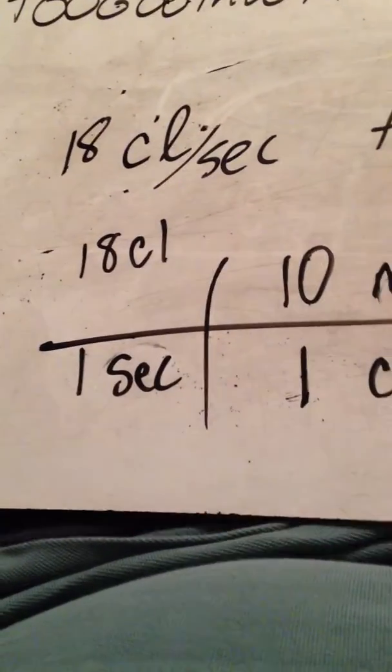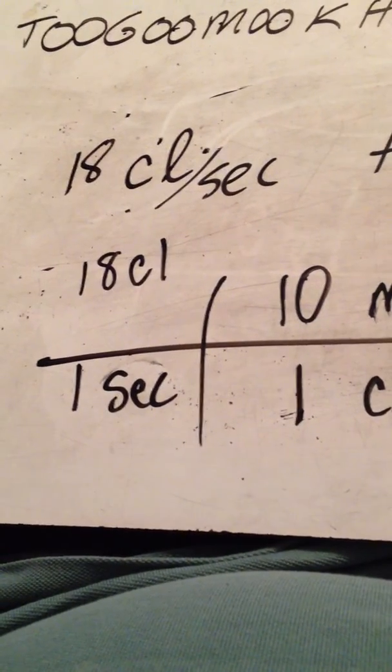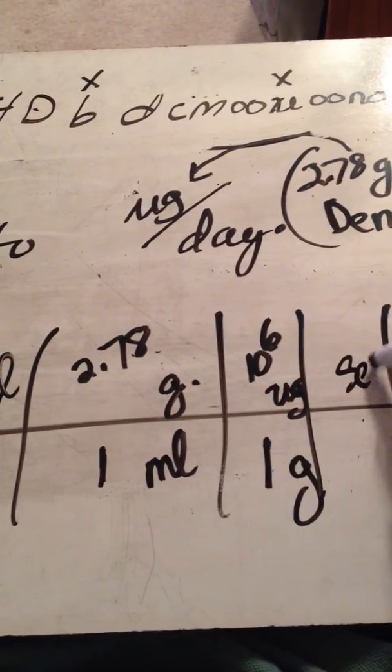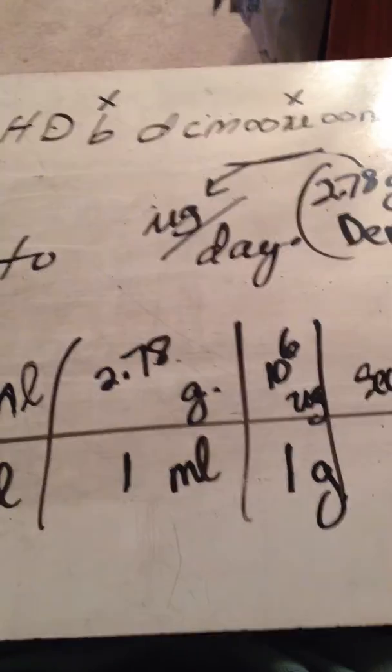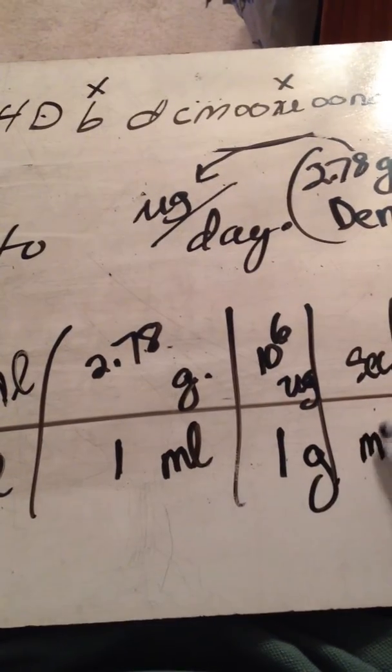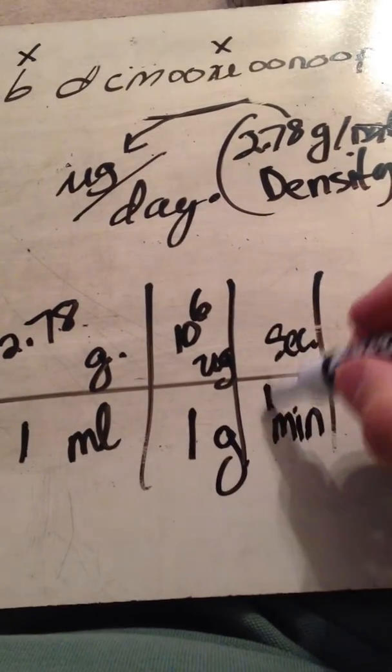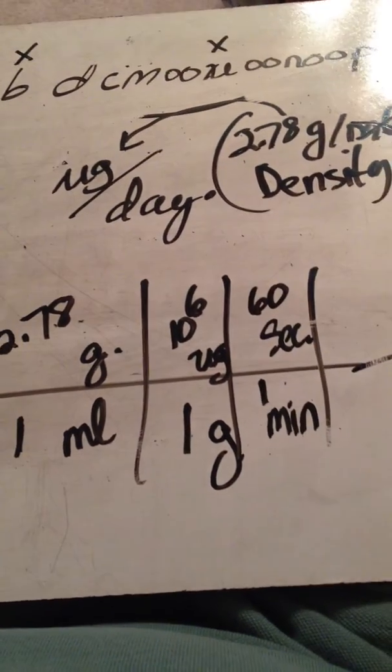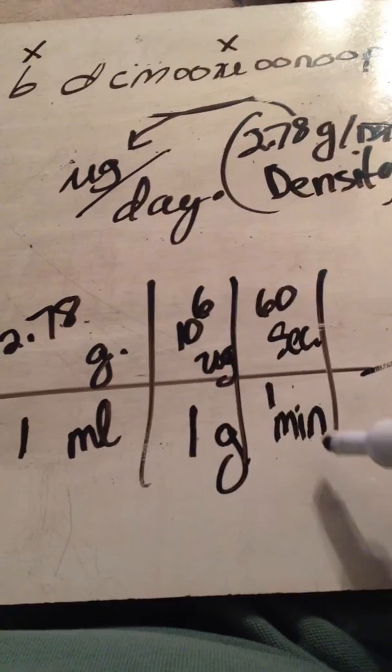Okay, my next step will be seconds on the bottom, and we're going to go seconds at the top. My next largest unit is going to be minutes, so it's going to be 1 minute, 60 seconds. Then I'm going to continue following the pattern.